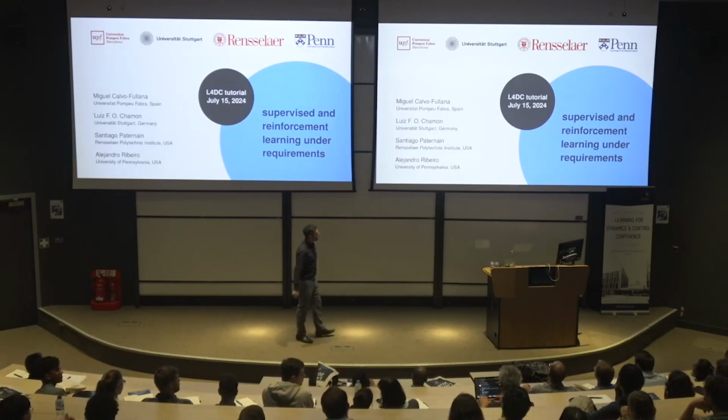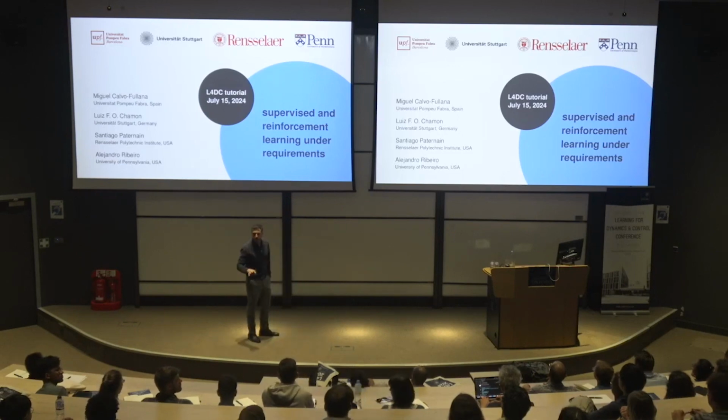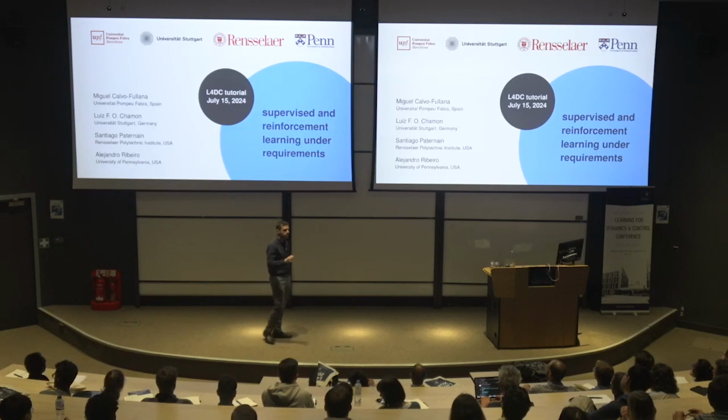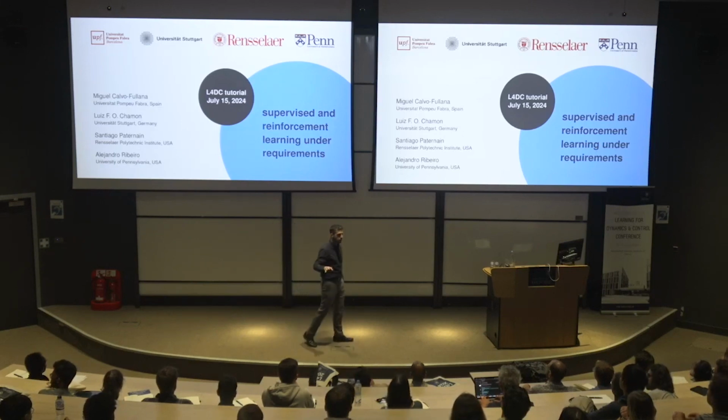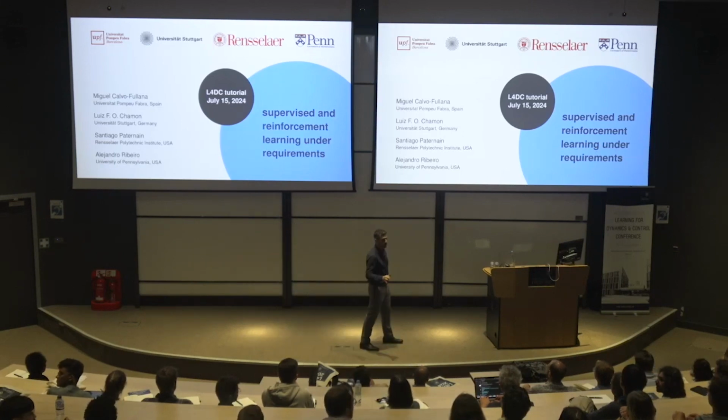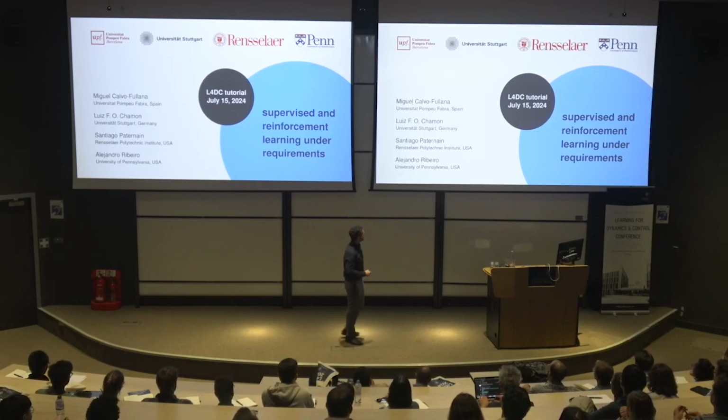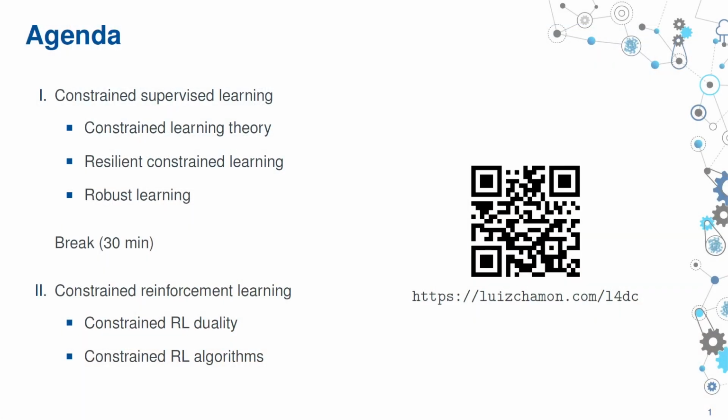I want to start, as people trickle in, with a very soft introduction to the main problem that we're going to discuss throughout this 3-hour tutorial. This is organized in 2 parts. Before the break, we're going to talk about the supervised learning problem. This is a lot about settling the main theory that is going to allow us to develop all these methods.